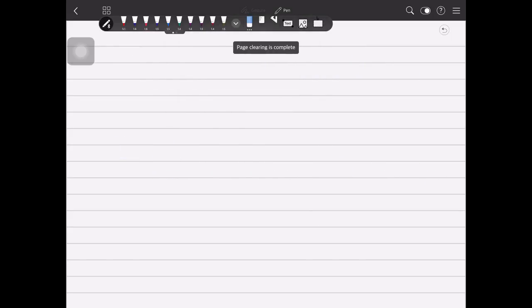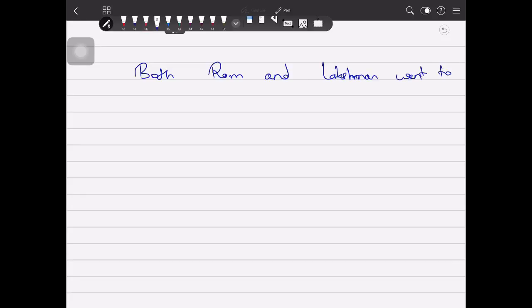Okay, last example I'll show before ending this one. Let's say both Ram and Lakshman went to the market. Now tell me, how do we do this? Again, we have two different objects, and the attribute given to both of these objects is that both of them have gone to the market.